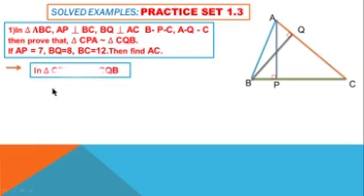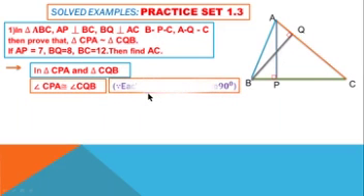Here is the solution. In triangle CPA and triangle CQB, angle CPA is congruent to angle CQB. Reason: each angle is of measure 90 degrees.